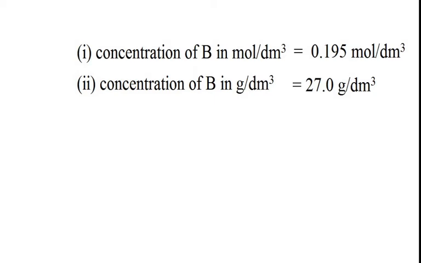Remember, I told you to always leave your answer in 3 significant figures. This 27.0, I think from your calculation, you actually got 26.9. So that would be the correct answer.